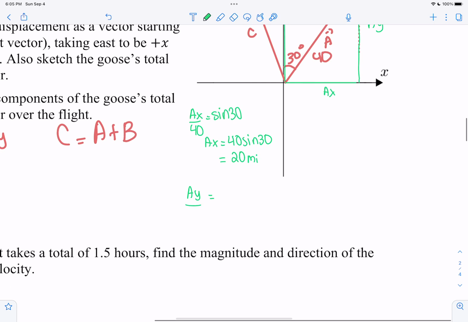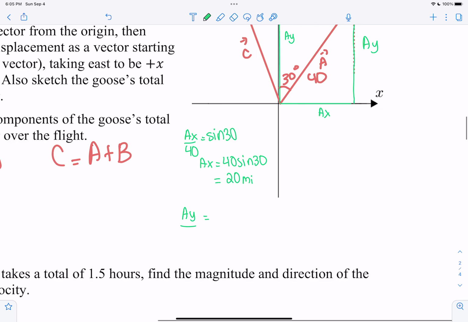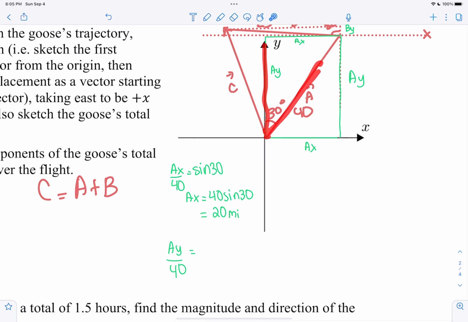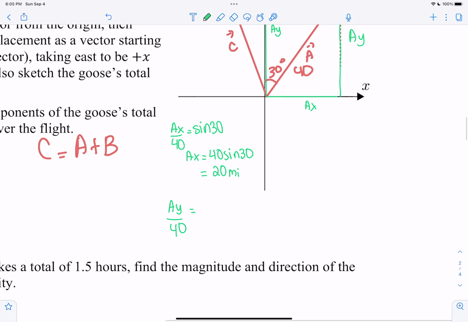So ay over 40, that's adjacent over hypotenuse to this angle right here. Ay over 40 is equal to cosine 30, and then ay is equal to 40 cosine 30, which is around 34.6 miles. So there's ax and ay.